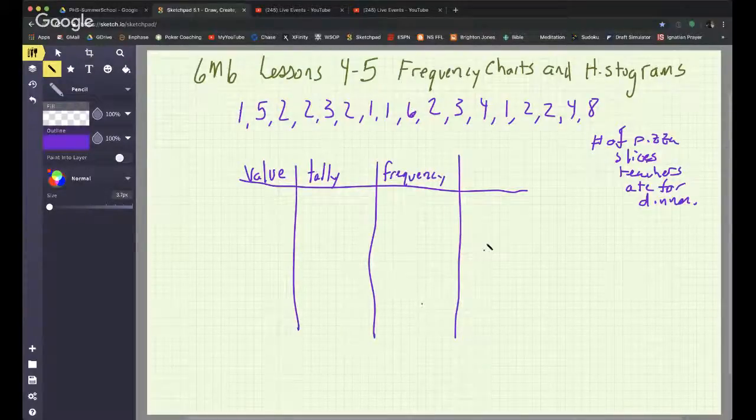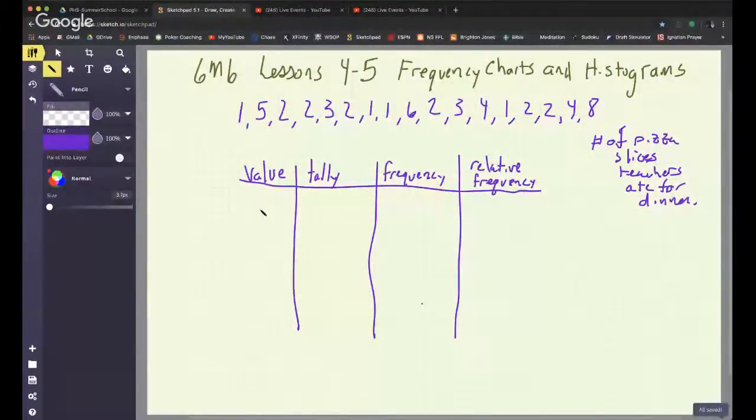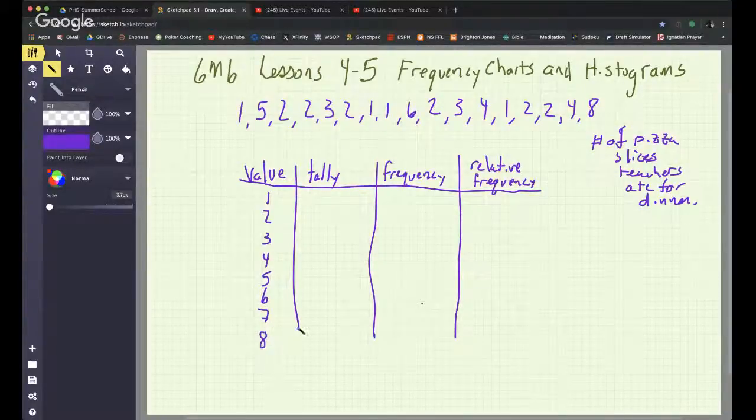And then we have relative frequency, which will tell us how common each number is as a percentage. So if we have values of 1, 2, 3, 4, 5, we don't want to have any gaps if possible, so 6, 7 and 8.